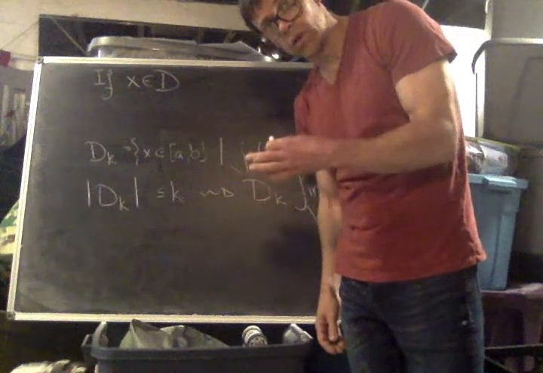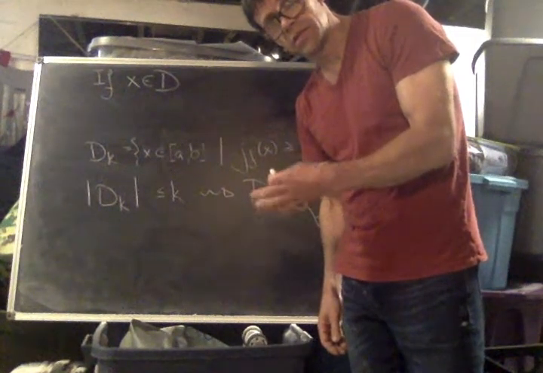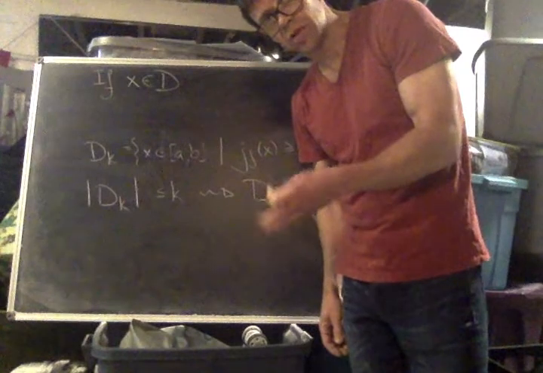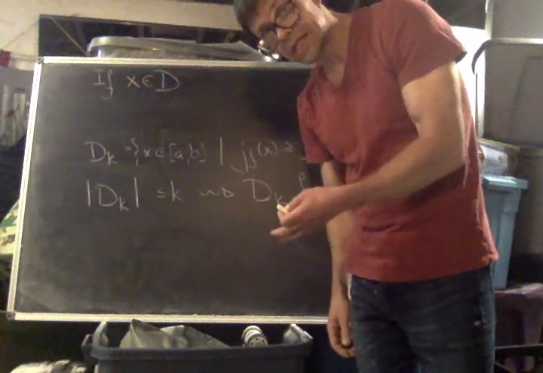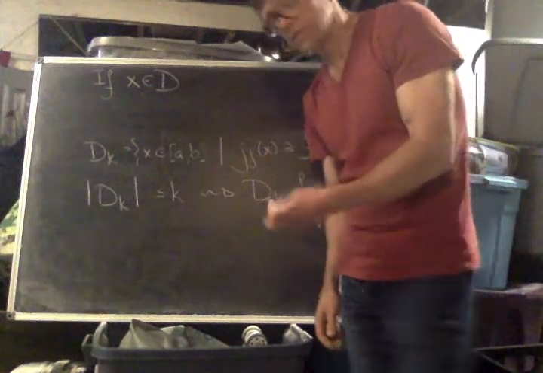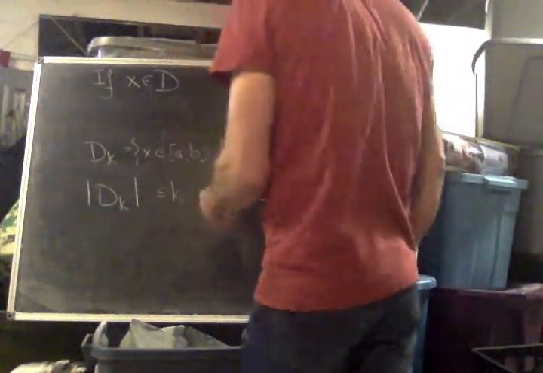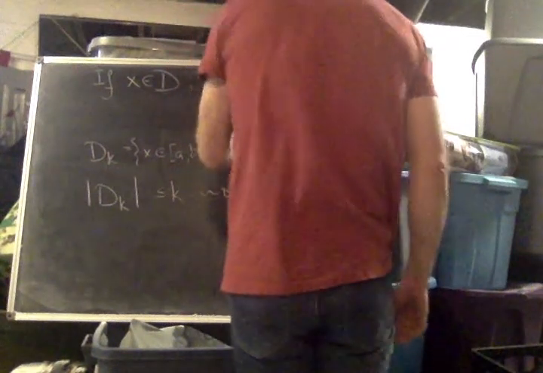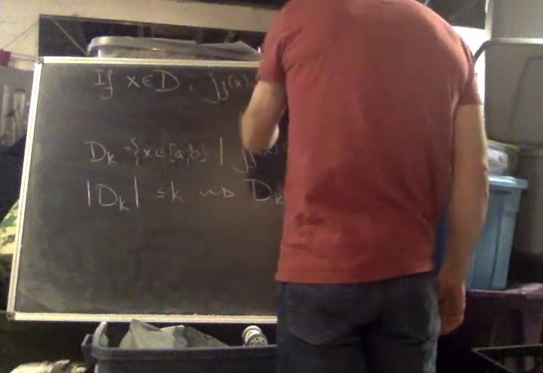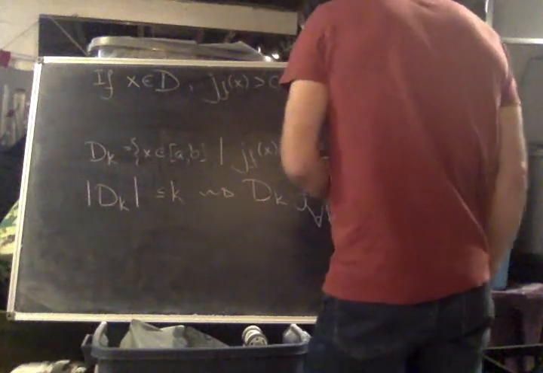And we know exactly what that means in terms of this j_f, the jump function. It means that j_f at x is strictly bigger than 0. So if x is in D, j_f of x is greater than 0. Okay?